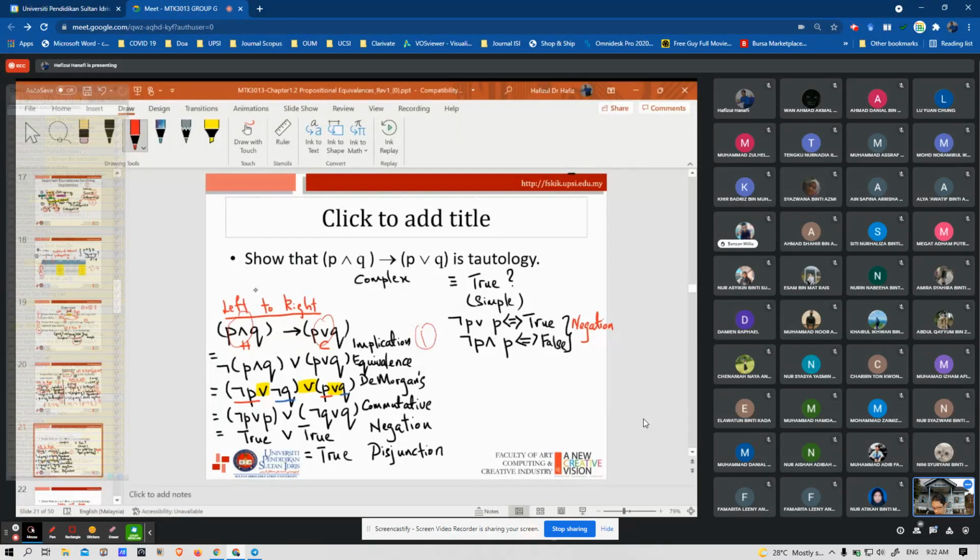We go by equivalence, De Morgan, commutative, and negation. Then we compare. This one is true and false. This one is a negation. We negate, and that's why we can have the tautology.